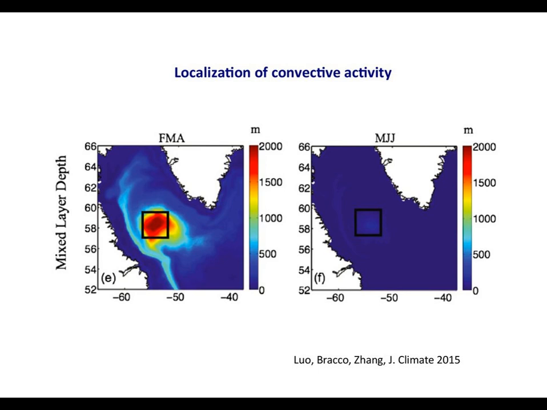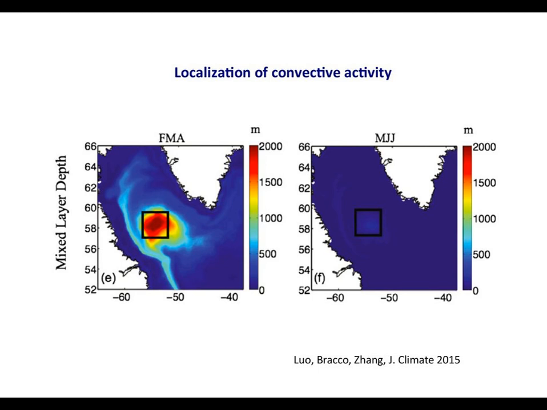It's a very localized convection. What I'm showing here are modeling results, but they match the observations extremely well. It is mixed layer depth averaged in a simulation that was 30 years long, and that had a very good representation of interannual variability, between February, March, and April, or May, June, and July. What you can see is really the location of deep convection in the late winter and early spring.